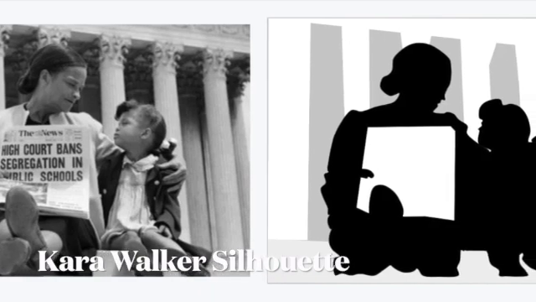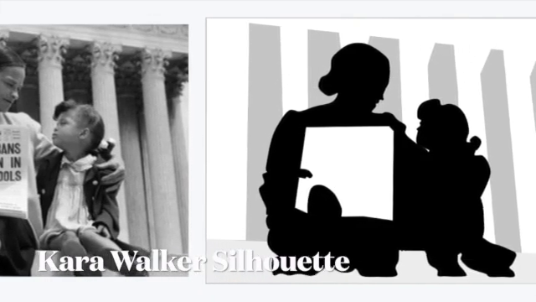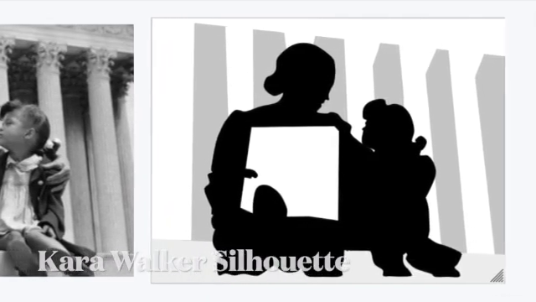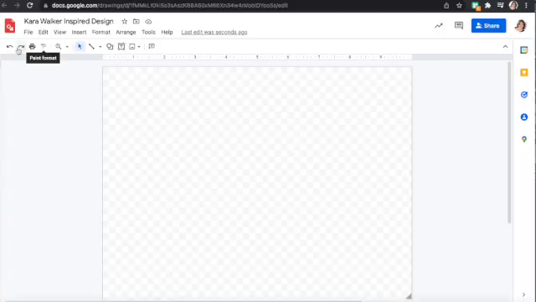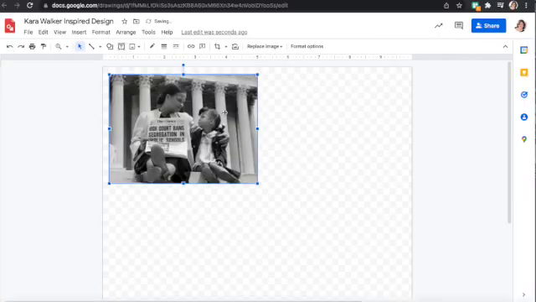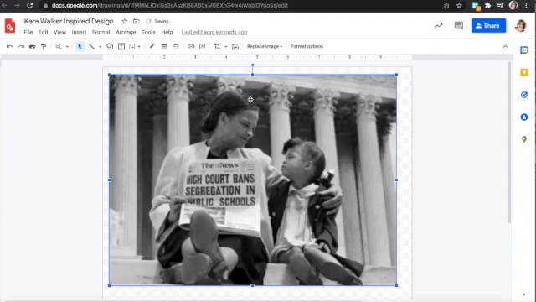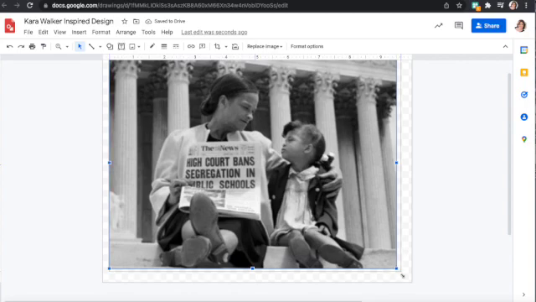Today what we are going to be doing is looking at how we can make our Kara Walker inspired designs. So the first thing I'm going to do is make sure I have my picture chosen. Now remember what I've said about the fact that I cannot have any details.